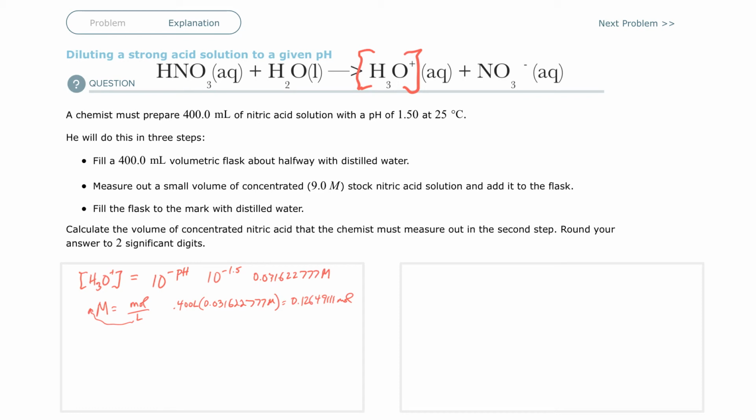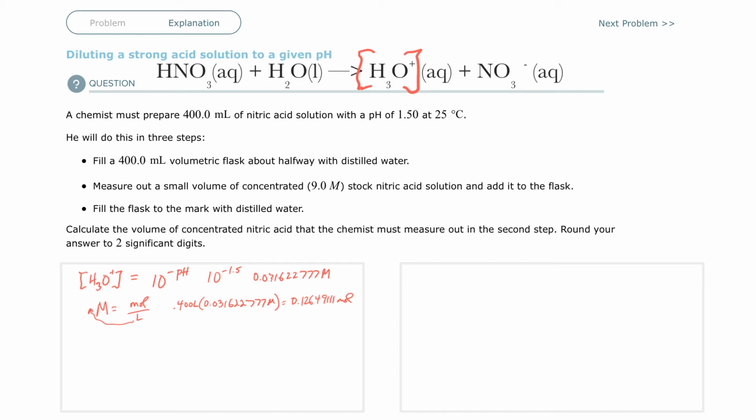But I don't want to know just moles. I need to know how many liters of it I need. The way I go from moles to liters is molarity. The molarity of the stock nitric acid solution is 9.0.